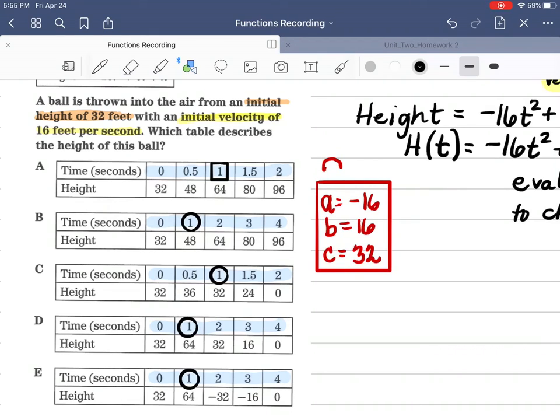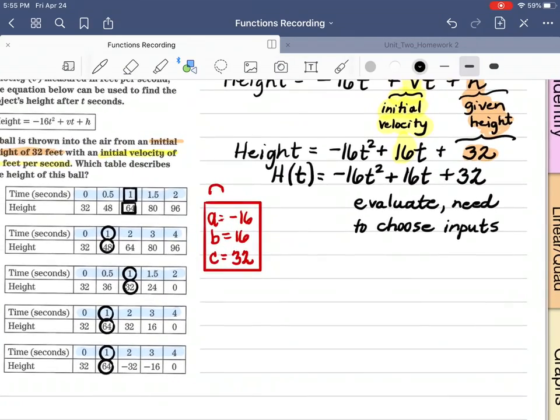All right. This one is linked to 64. This is 148, 132, 164, and 164. I'm going to evaluate my function at 1 and just see if that might help me. So rather than have to do all 7 inputs, let's see what happens at 1. So h, height at 1 second, is negative 16 times 1 squared plus 16 times 1 plus 32.